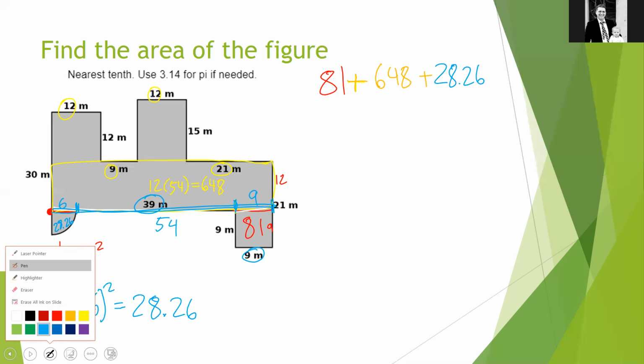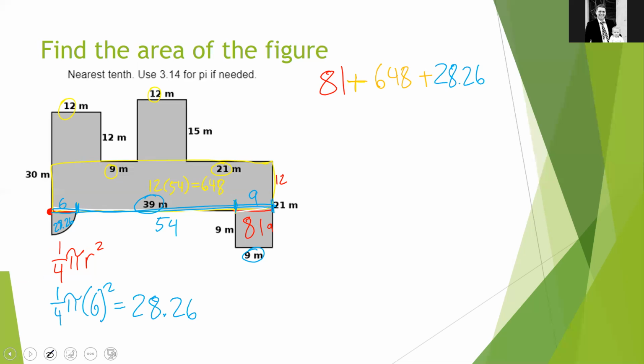Okay, let's solve for another piece. What's left? We have these two top rectangles. This one is a square, actually. It's 12 by 12. Well, 12 squared is 144. So I'll add that up over here, plus 144, plus 12 times 15 for my base times height is going to give me 180.